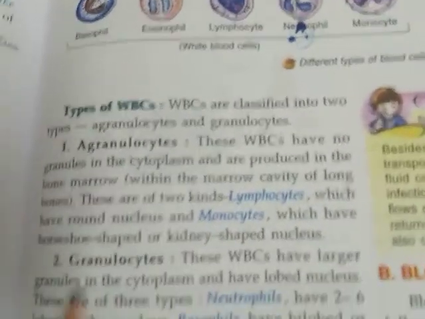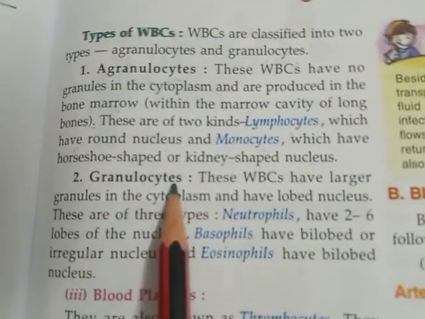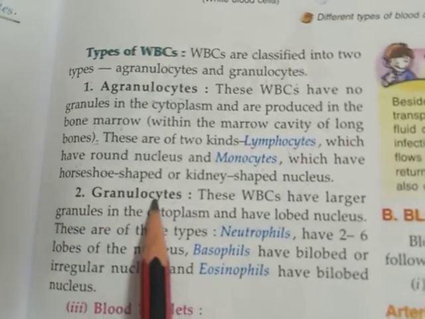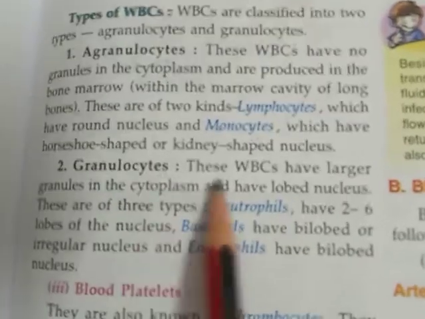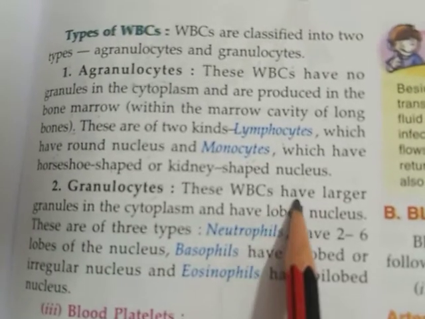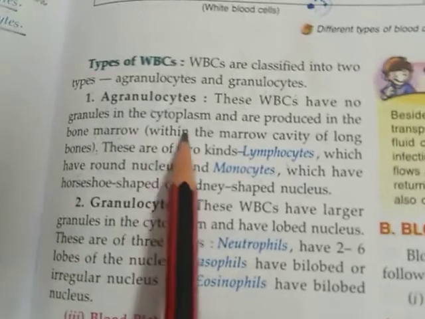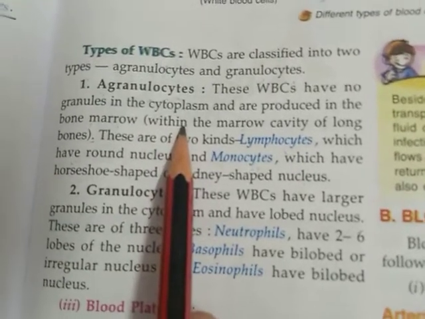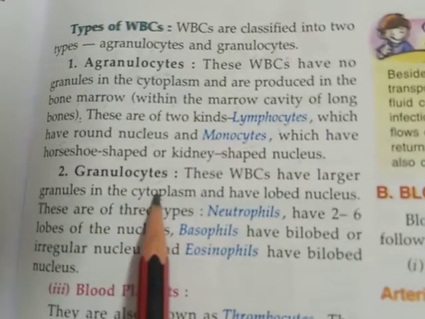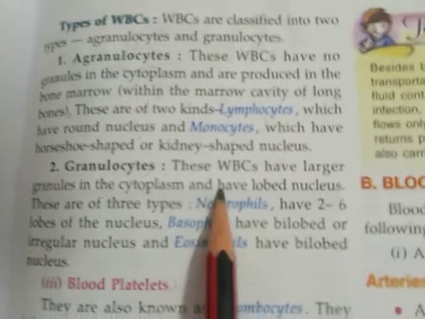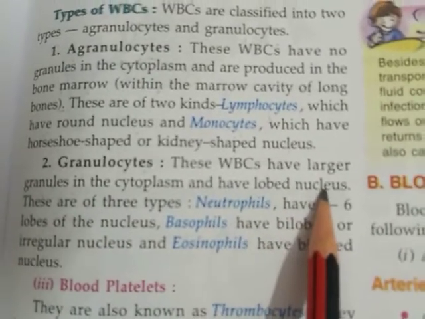Now the next one is the granulocytes. Granulocytes means their cytoplasm contains granules. These WBCs have larger granules in the cytoplasm. Agranulocytes are without granules, but granulocytes have larger granules in the cytoplasm and have a lobed nucleus.